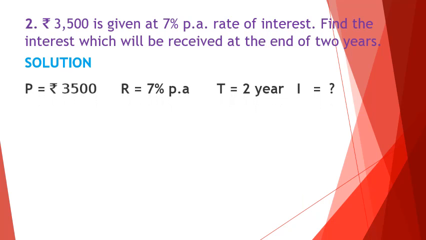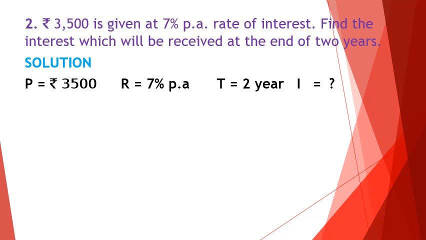That means principal equal to rupees 3,500. At 7% per annum means rate of interest is 7%. Time period T is at the end of 2 years. That means time is 2 years. What will be the interest? I equal to question mark.